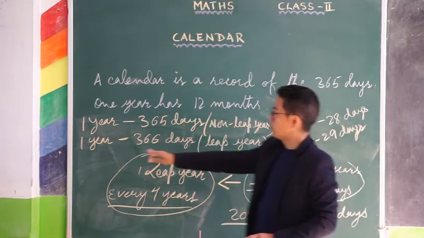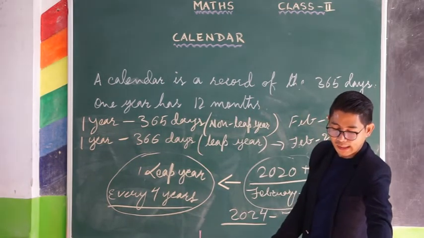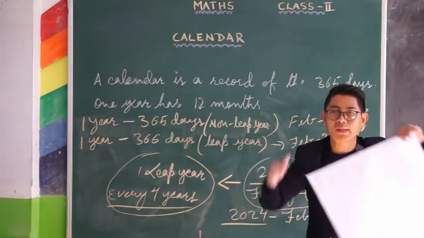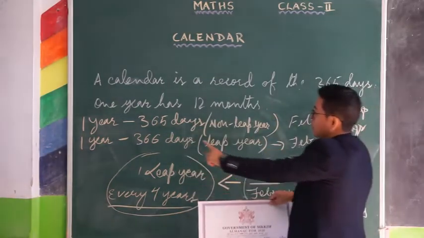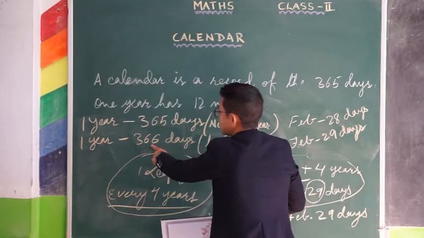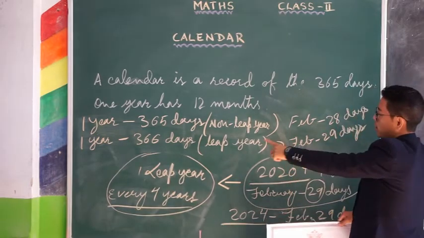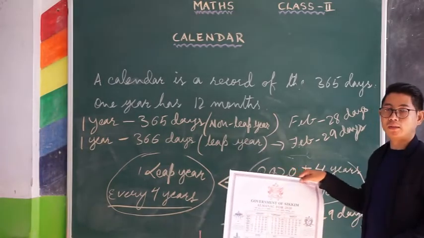Now if you count the whole days from this year's calendar, that means the 2020 calendar, you will get exactly 366 days. Why? Because this 2020 is a leap year. Okay?